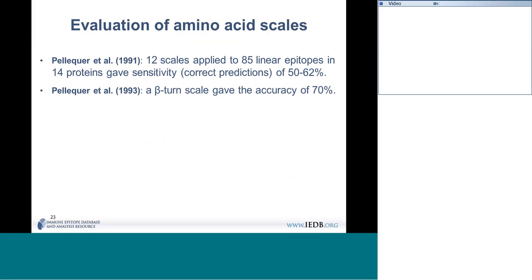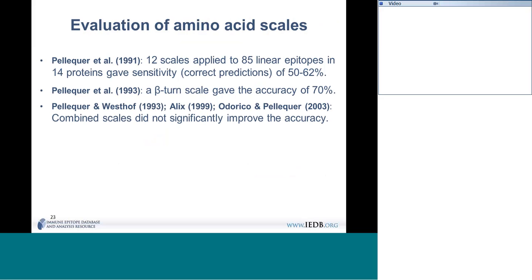Later on, the same group of authors showed that a better scale can give accuracy of 70%. And then again, the same group and some other people tried to combine different amino acid scales to see if it would improve the prediction. But their conclusion was that combining did not significantly improve the prediction.